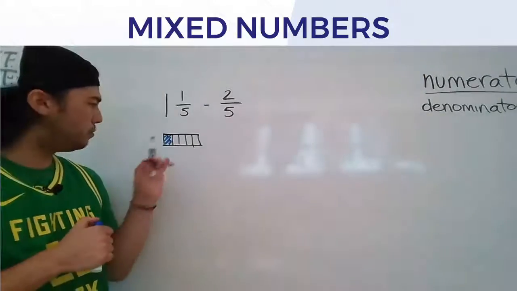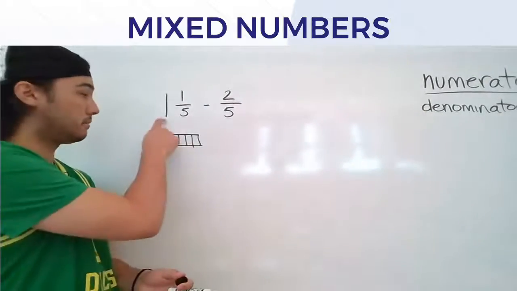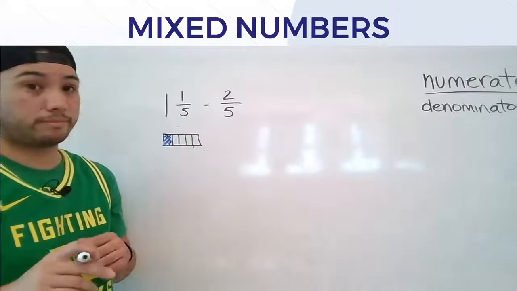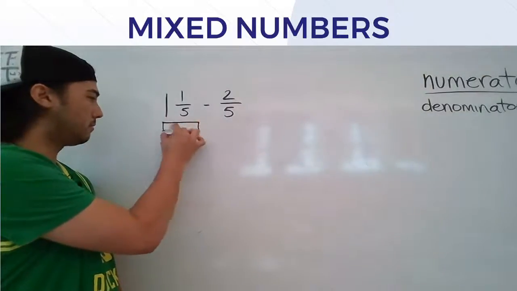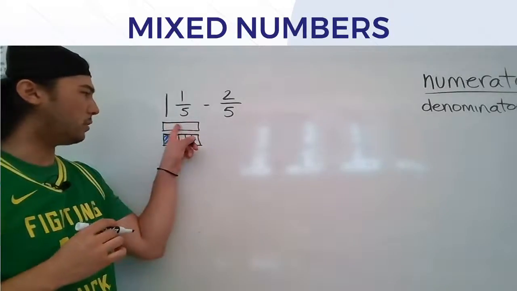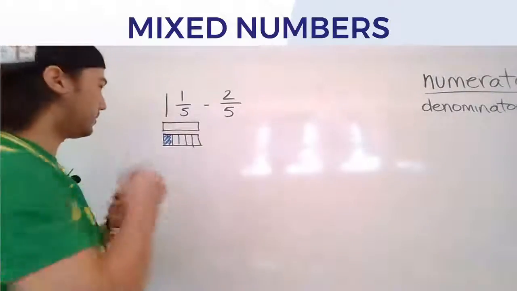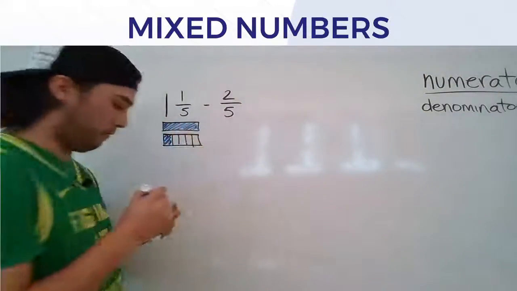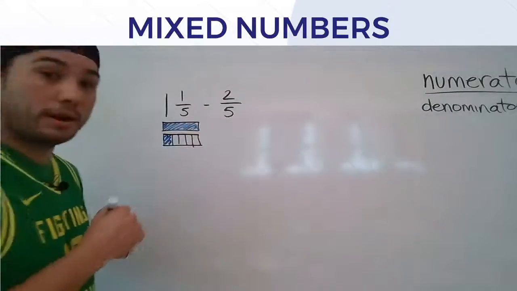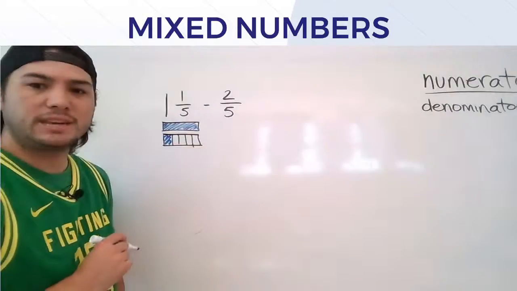I don't have 2 pieces to subtract. But I do have this 1. And if I break this 1 up into fifths, now I've got some more fifths to deal with. So the whole 1, I already got it. 1 and 1/5, right? There's our 1 and 1/5. So let's decompose this 1 into some fifths.